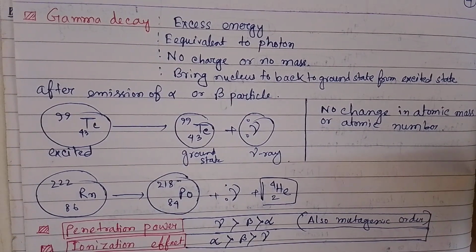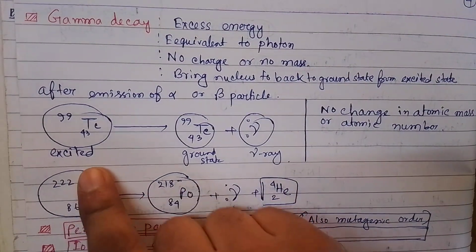After emission of alpha and beta particles, gamma decay is always the release of excess energy, before and after alpha and beta decay. That's why there is no change in the atomic mass number. The molecule remains almost the same, but the state changes: one is in the excited state and another is in the ground state.